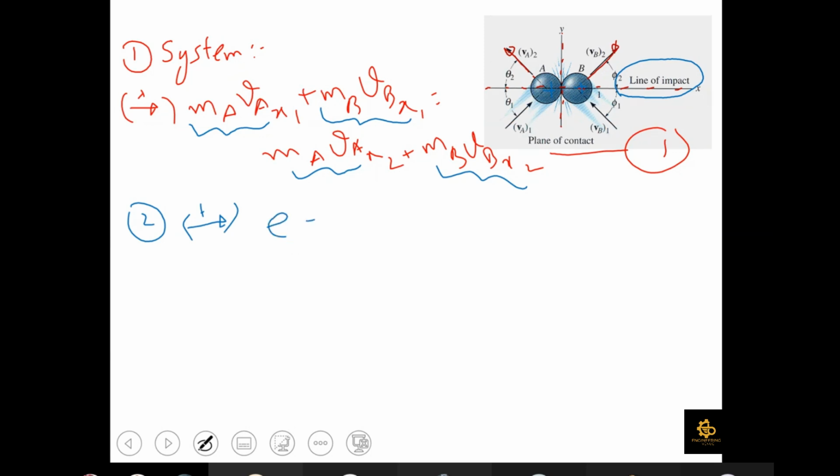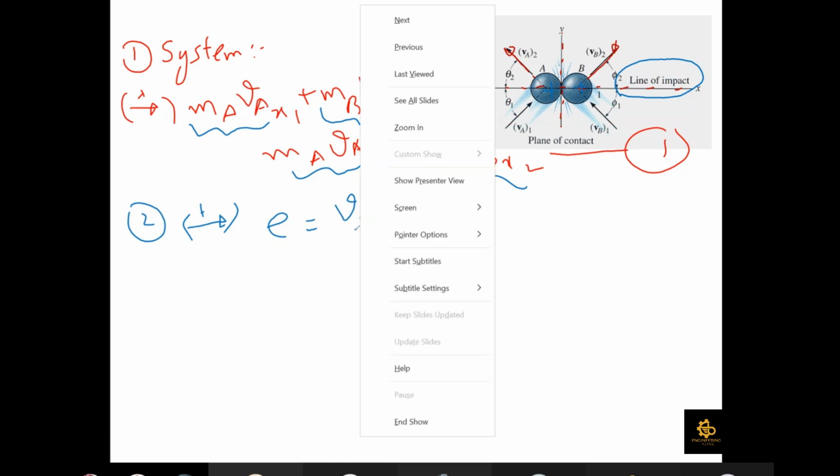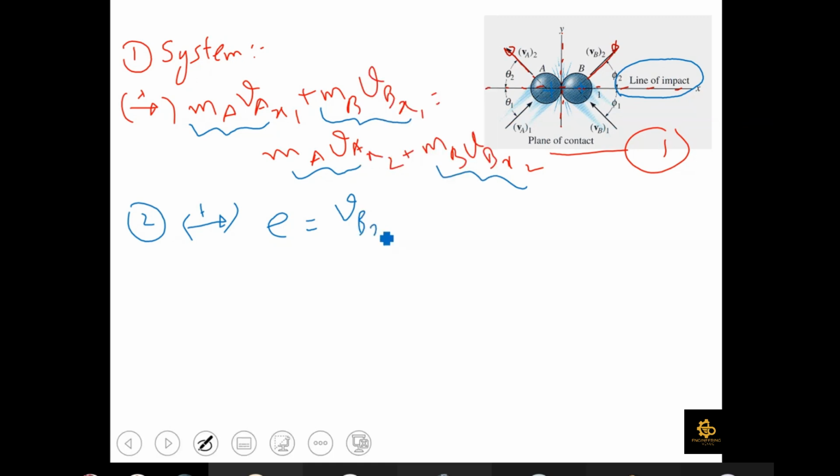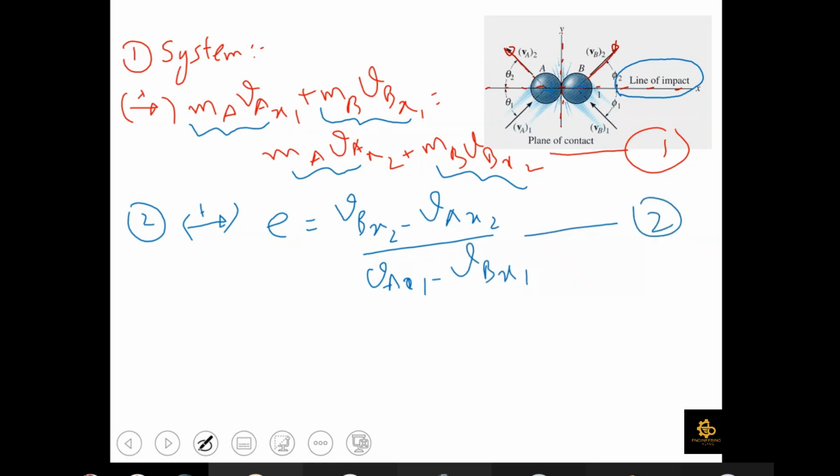So that coefficient of restitution is going to be e equal to vBx2 minus vAx2 divided by vAx1 minus vBx1. So again, step number 2 is similar to step number 2 of central impact.